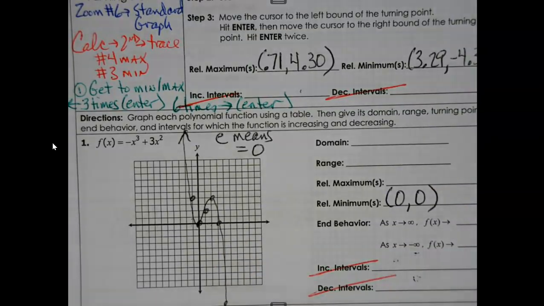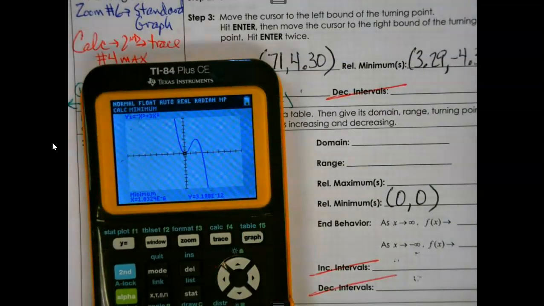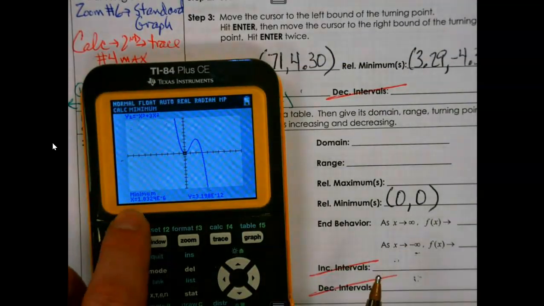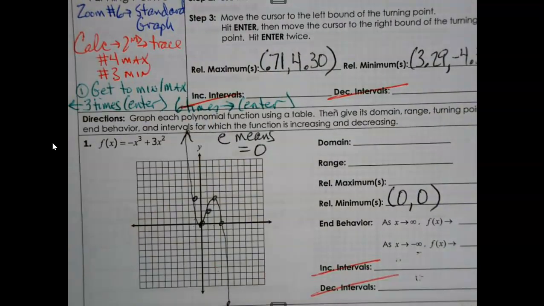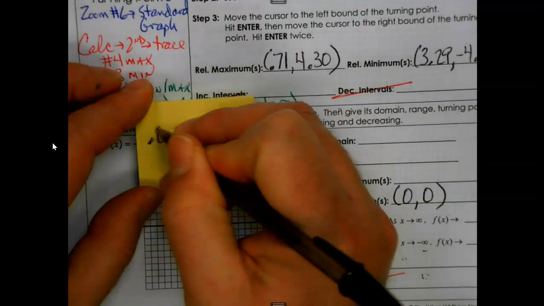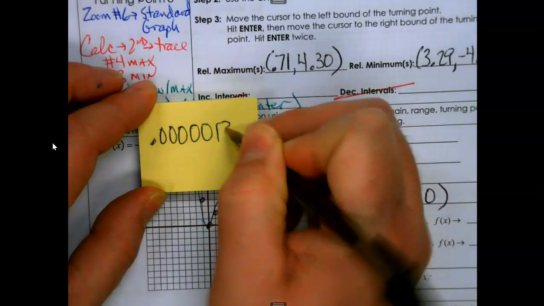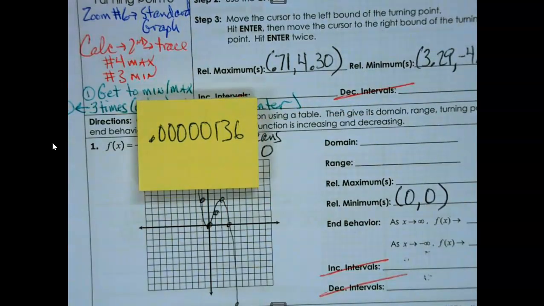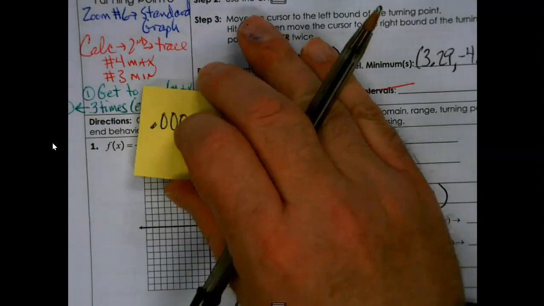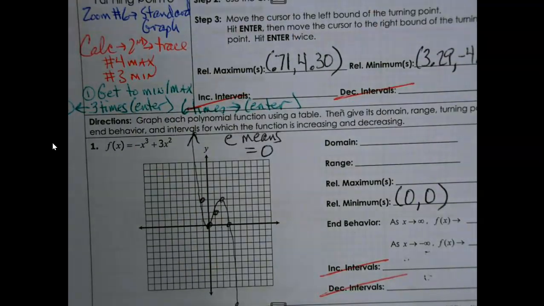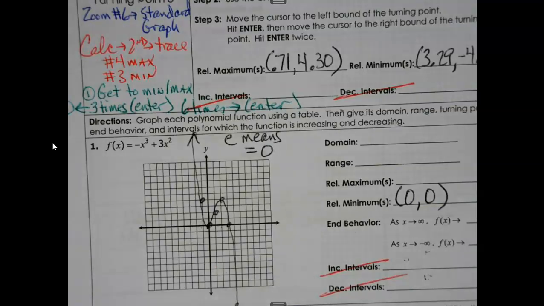What that actually means when you see the E, it's like scientific notation. So if it says 1.03 e to the negative 6, that's actually a number really close to 0. So that's why we just say it's 0. So our minimum is at 0.